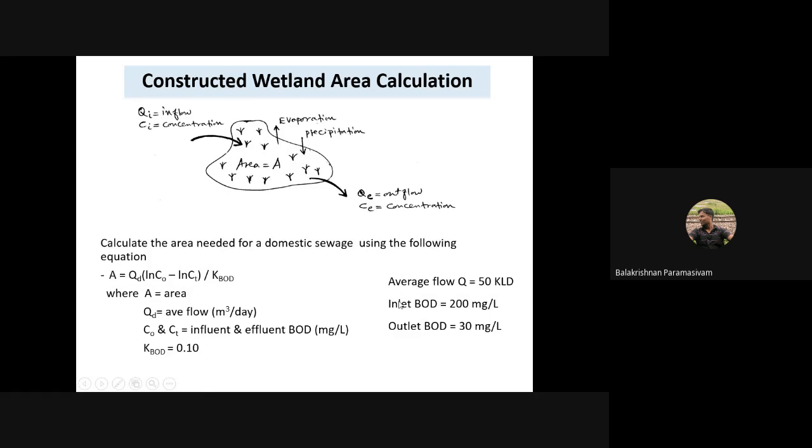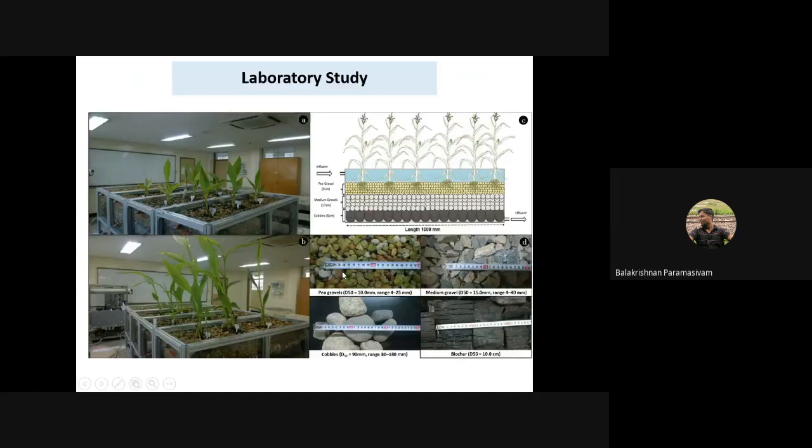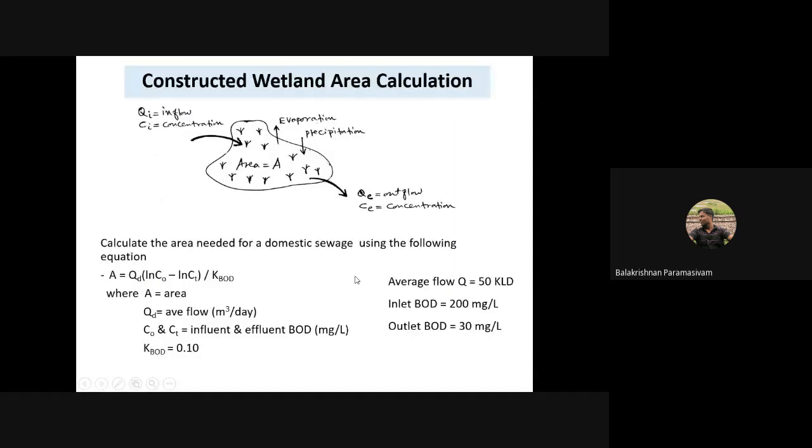The inlet BOD is 30 milligram per liter, the outlet BOD is 20 milligram per liter, and K_BOD is 0.1 per day. You can calculate it. I have not done the calculation, so just calculate and check it. Later we can discuss the results.